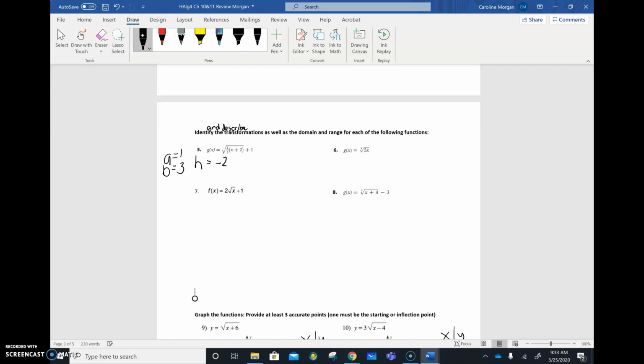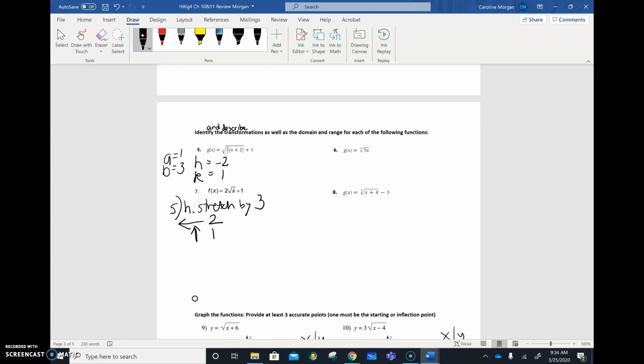H equals -2. K equals 1. So if I describe those transformations for 5, right, B is 3. So that means a horizontal stretch by 3. And H is -2 means it moves to the left 2. K is 1 means it moves up 1.